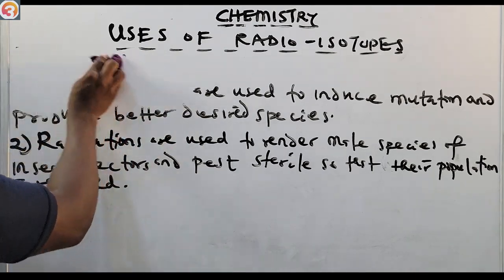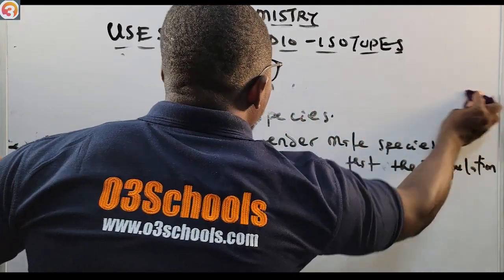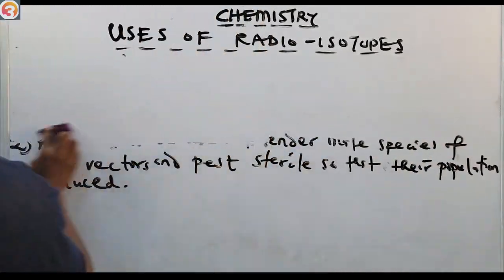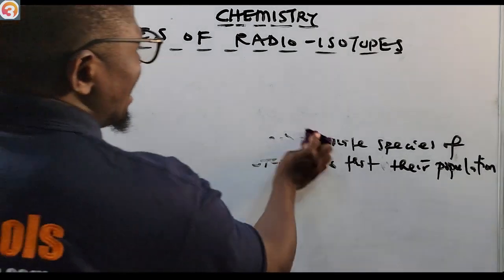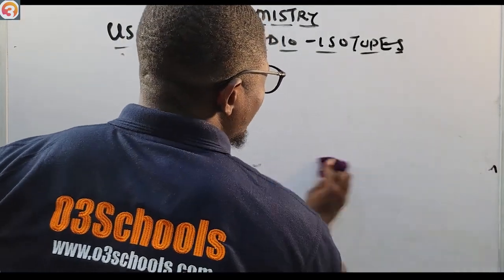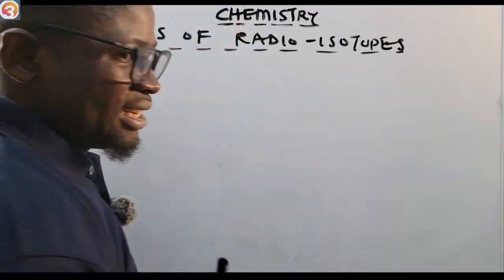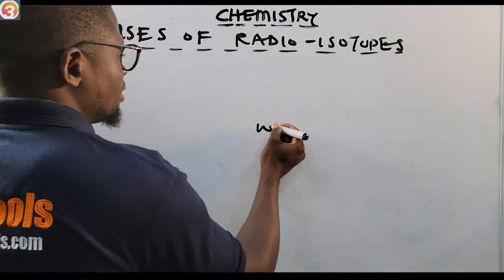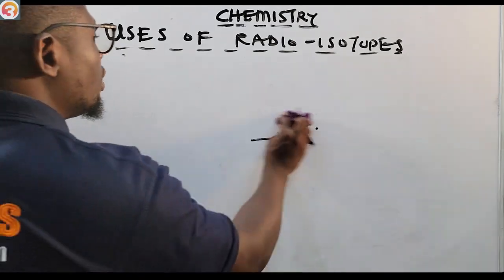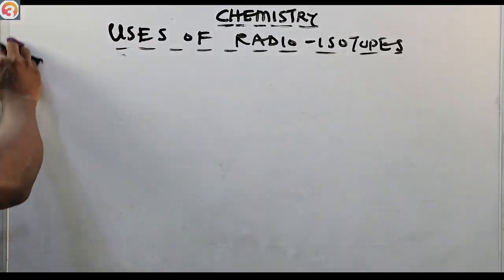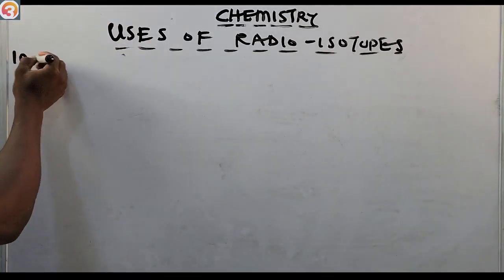So now let's quickly look at the applications of radioisotopes in the industry. Cobalt-60 is used to trace any faults in welds, like welding.